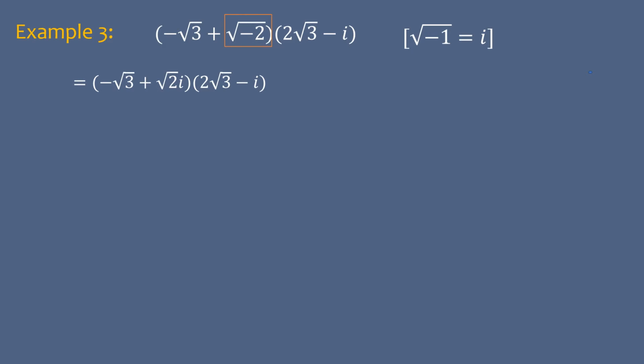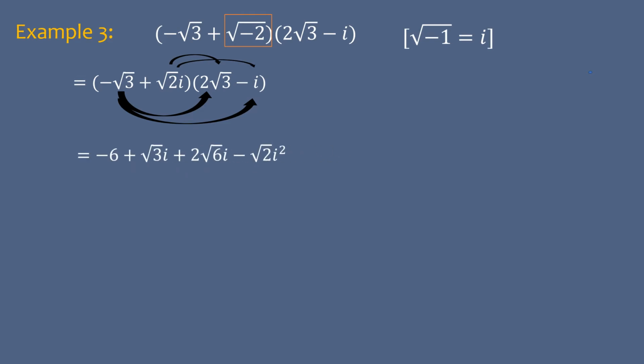Now the next step is to open the brackets. We will be multiplying minus root 3 with 2 root 3 and with minus i. And next we multiply root 2i with 2 root 3 and with minus i. By doing so, we get minus 6 plus root 3i plus 2 root 6i minus root 2i square. And we know that the value of i square is minus 1.